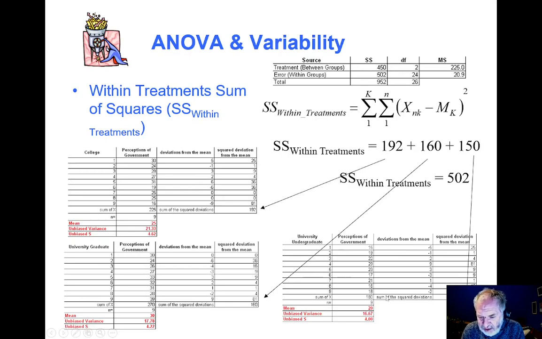So 15 minus 20 is minus 5. Minus 5 squared is 25. Once I've got these squared deviations from the mean for all 9 students here, all 9 students for the grad, and all 9 students for the undergrad, I sum up all those values, and it sums up to 502. Okay.